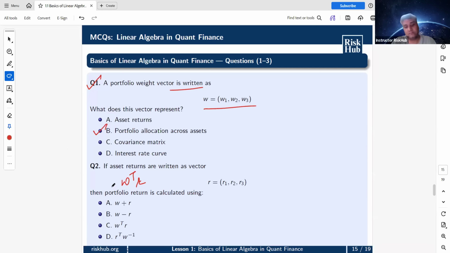Again, what is important to understand here is, when I say dot product, why the other options are wrong: because portfolio return is not your raw asset return. It is weighted exposure to return, and that distinction is very critical, okay?